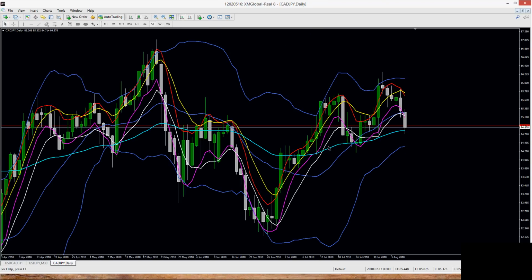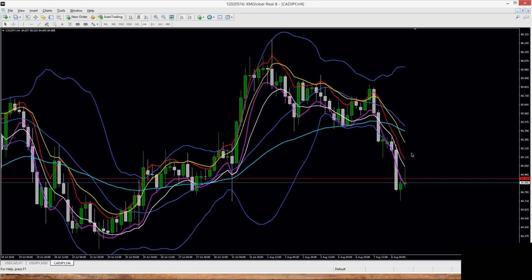Daily is a bit different because EMA 50 is below mid BB. This is an uptrend market. However, in this uptrend market, we know that you have an extreme at the top over here, and the candle has broken through the middle BB. So the target of this market is probably at low BB. All right. That's it for daily.